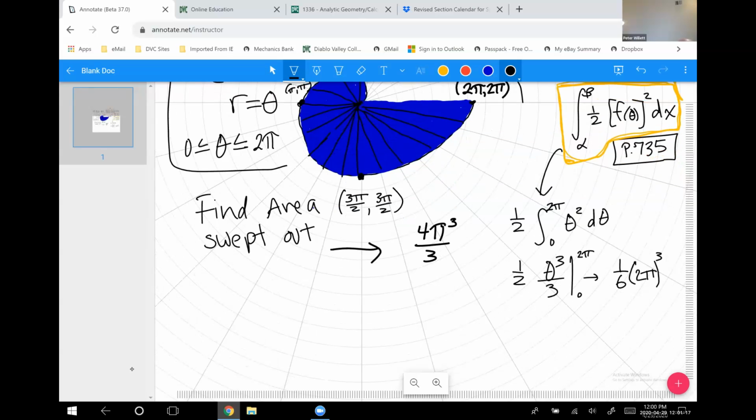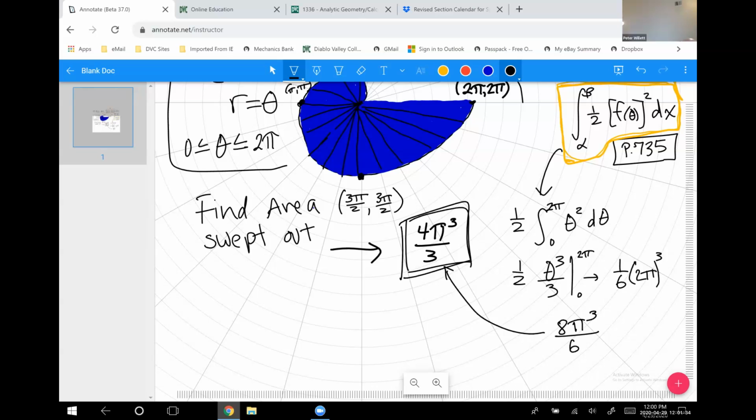So I get 8 pi cubed over 6, which reduces perfectly to 4 pi cubed over 3. Well done to a couple of you who got that.